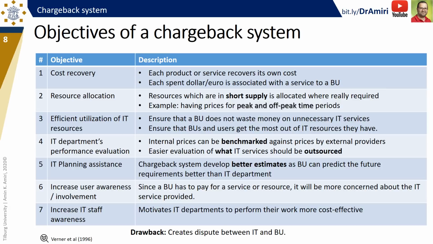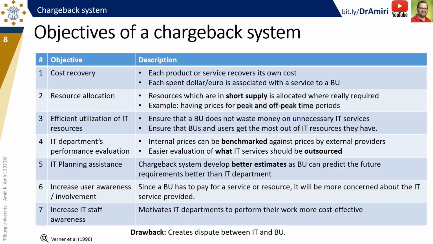If a school wants to use the resource on a specific date, which most of the schools want, then the IT department can say that your students can use Osiris for registration only if you pay 12,000 euros rather than the regular 5,000 euros for using Osiris. So resource allocation is the second objective of using a chargeback system.